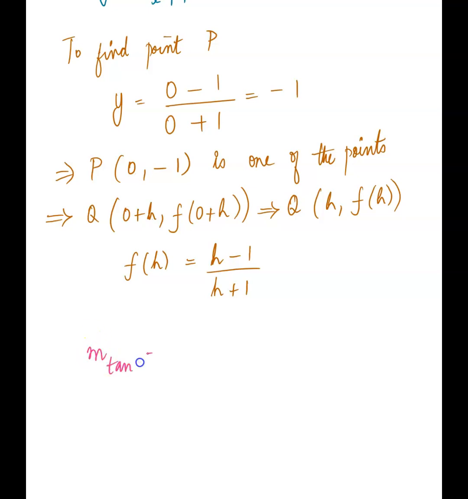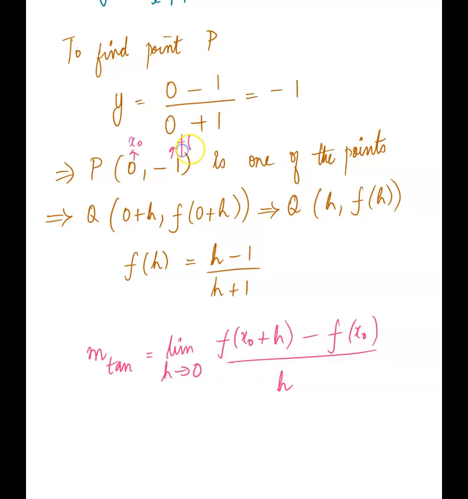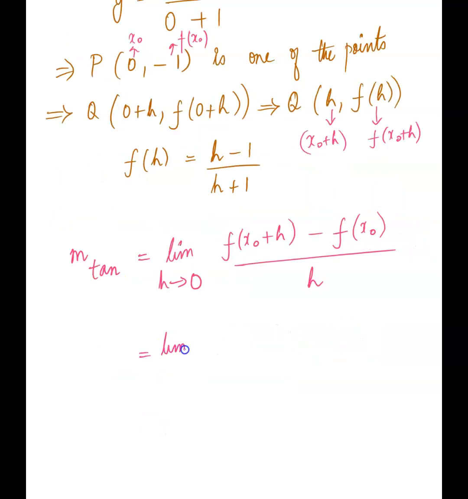So m tan is the limit as h approaches 0 of (f of x naught plus h minus f of x naught) over h. And so quick reminder, this was our x naught because that's our P. F of x naught plus h is f of h, minus f of x naught is a minus 1.